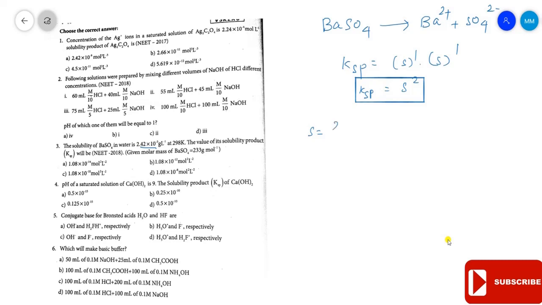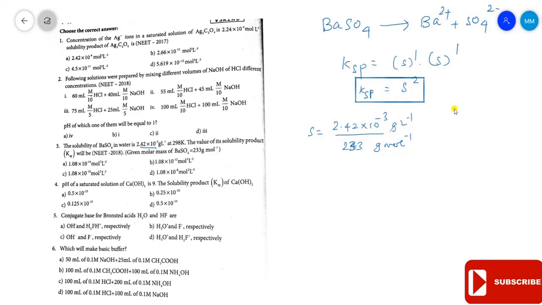The molar solubility S is obtained from the solubility. The solubility is 2.42 into 10 power minus 3 gram liter inverse, multiplied by 1 divided by the molecular mass 233 gram mole inverse. So this is equal to, by solving this, the gram unit is cancelled.